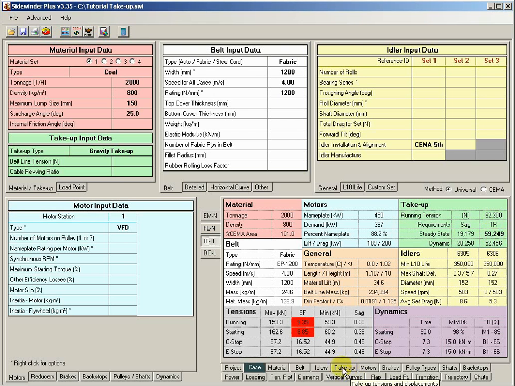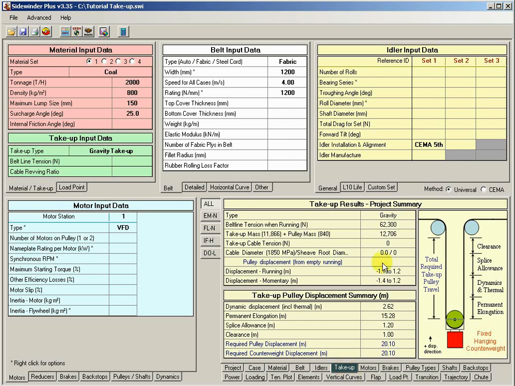Now, if we look at our Takeup tab, so again, this is our output window. If we click on our Takeup, we can see right here the belt line tension, and this is another point I want to make. In Sidewinder, you always work with the belt line tension, because the counterweight mass can vary from the belt line tension depending on whether we've got a hanging counterweight or a vertical gravity counterweight, whether we've got a 1-to-1 reeving or a 3-to-1 reeving or 1-to-4 reeving, whatever.